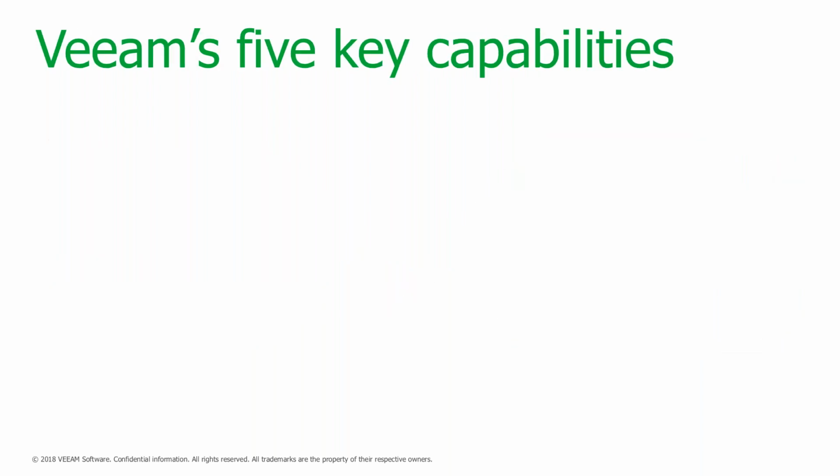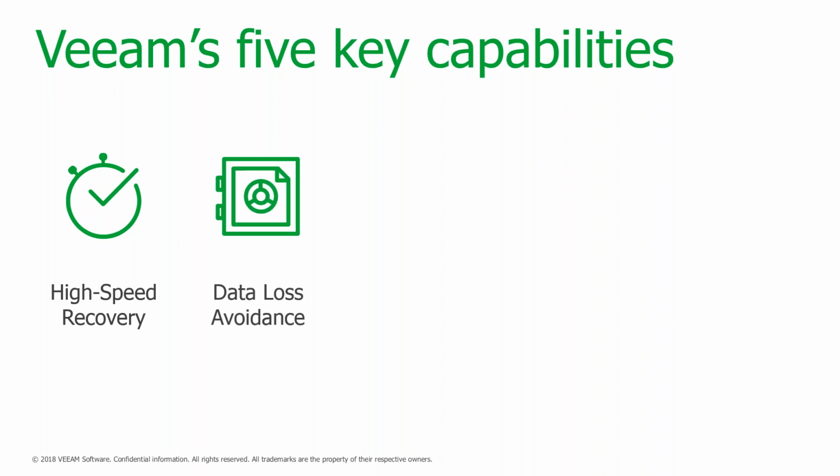So where does Veeam ONE fit? Well, if we take a look at Veeam's 5 key capabilities. The first capability is high-speed recovery, the Veeam availability ecosystem, with features like instant VM recovery, the Veeam Explorers, and instant file level recovery.